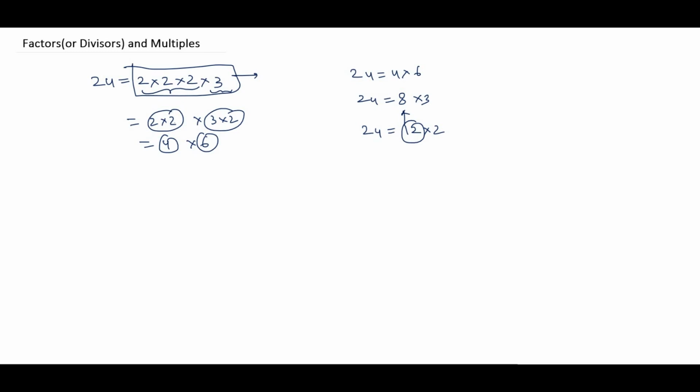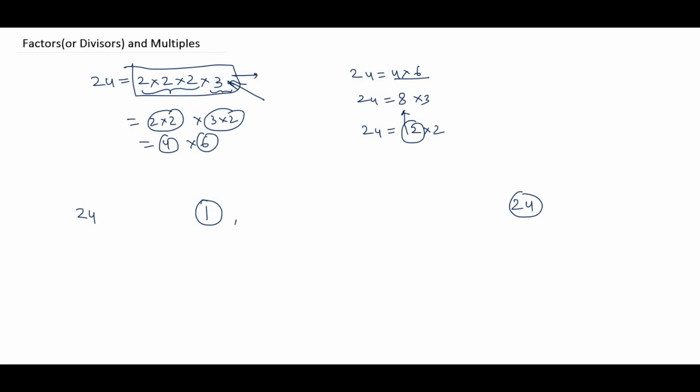Right? So to get all the factors, we will combine these numbers in such a way as to get two different numbers so that the product of those numbers is 24. Right? So I am writing the factors of 24. The starting point should be 1 and the ending point should be 24. These are the improper factors of 24.